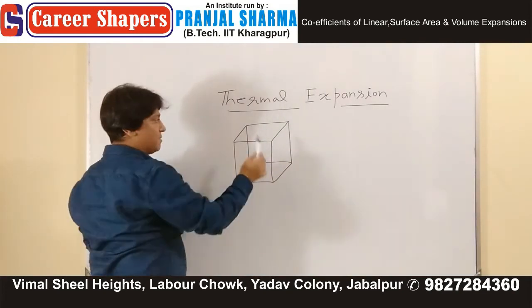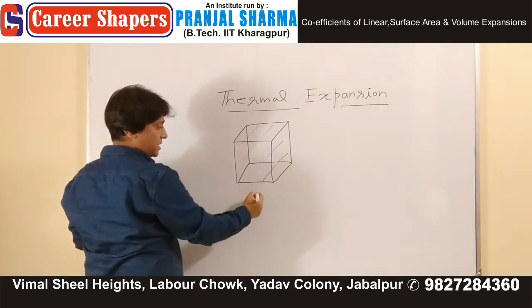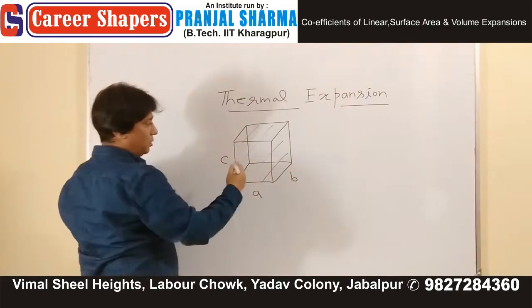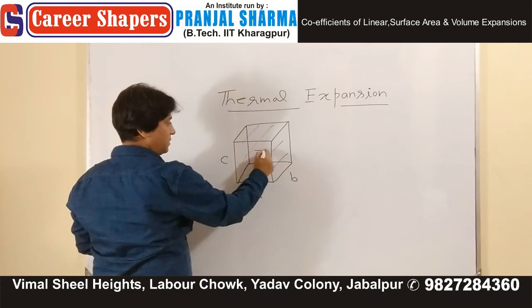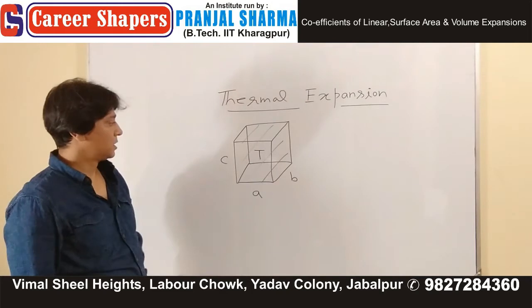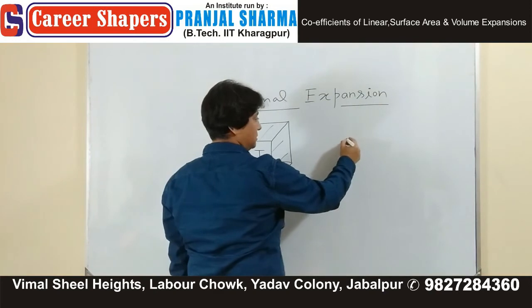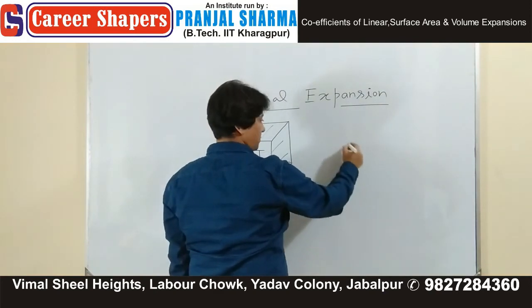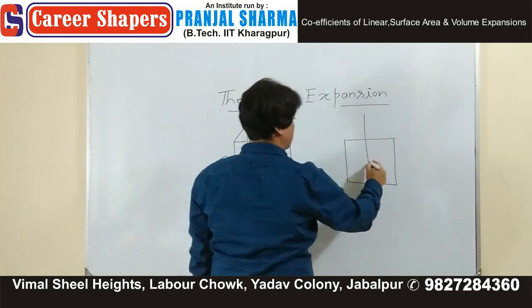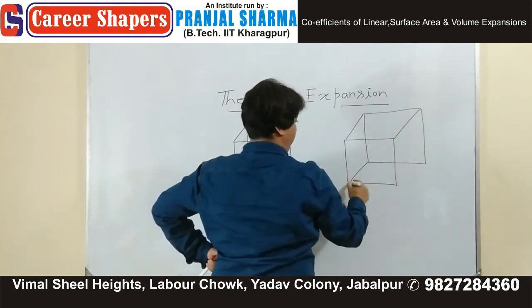It's a solid cube, remember, with side lengths A, B and C, and the whole thing has a temperature of T. The cube is at temperature T, and then you increase the temperature and it becomes slightly larger.